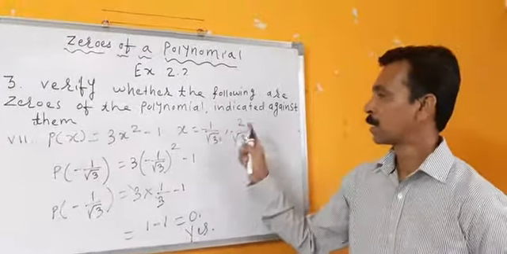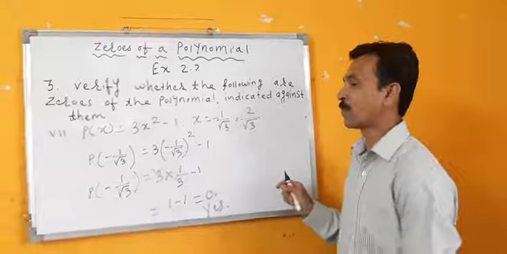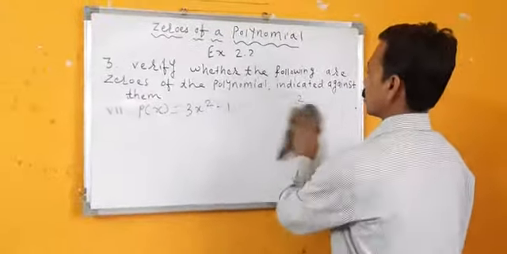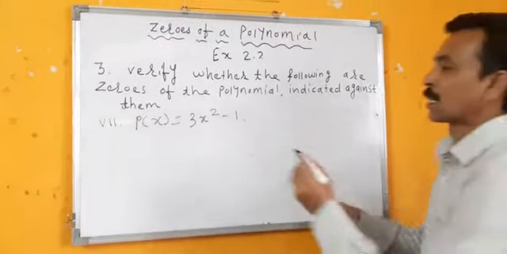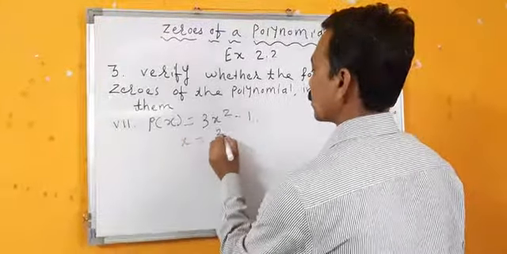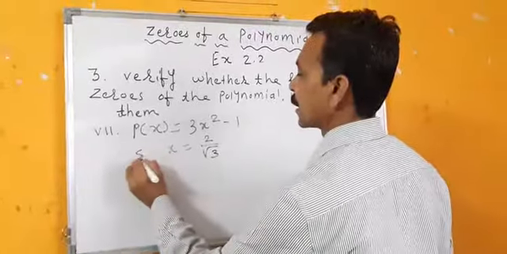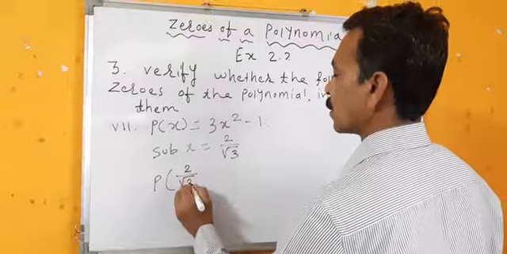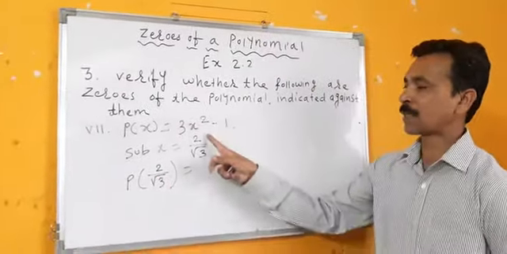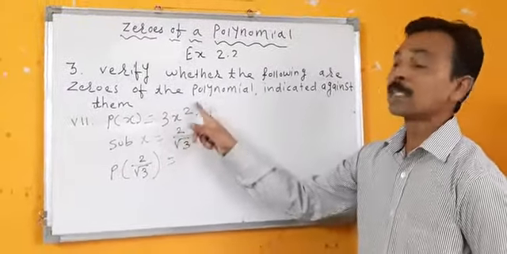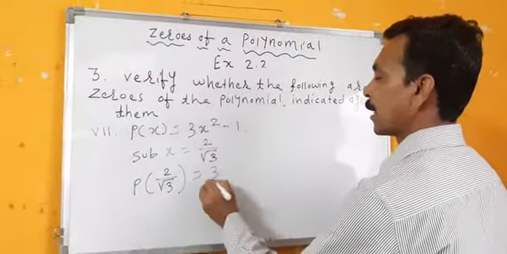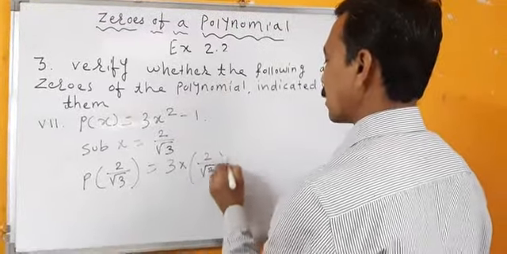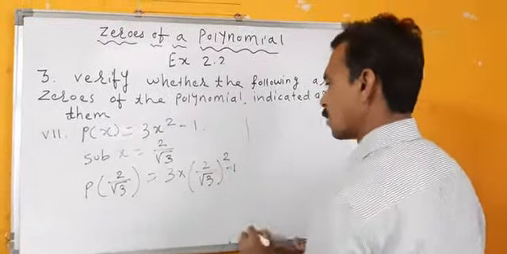Now I will place 2 by root 3 as the value of x. X is equal to 2 by root 3, means substitute. So it becomes P of 2 upon root 3 is equal to, I will place this value 2 by root 3 in 3x square minus 1. 3 into x square is 2 by root 3 whole square, minus 1.